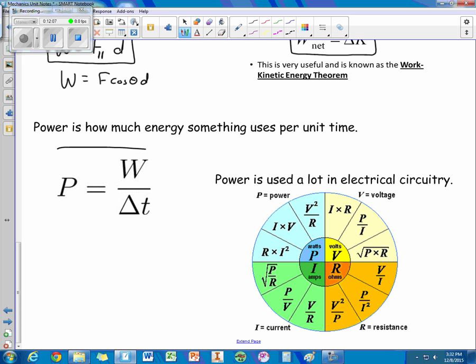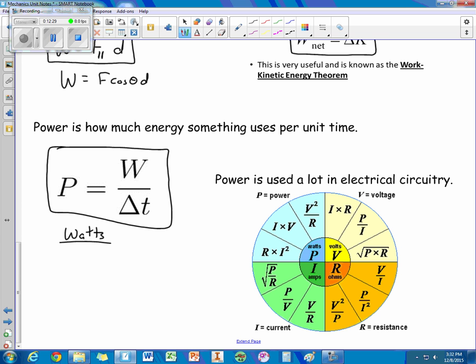Power is work divided by time. It's how much energy something uses per unit time. We've probably seen its unit is the watts. So we've probably seen power most often in light bulbs. Let's say we have a 100-watt light bulb.